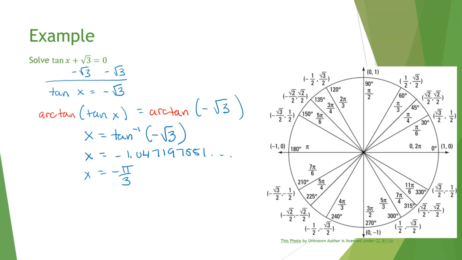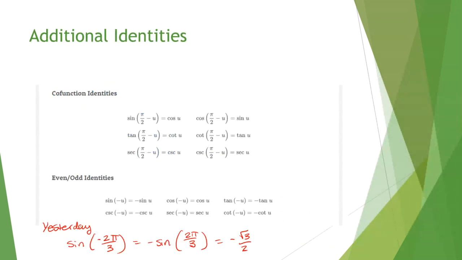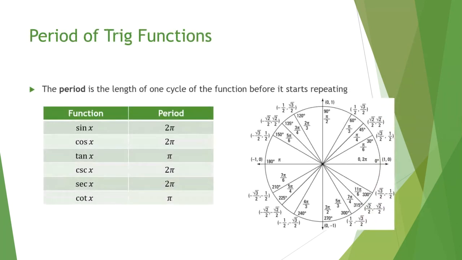But let's think about this. We can use our even odd rules. So I have a negative angle. So you can see that a negative angle for tangent is equal to the negative of the tangent of that value. So just keep that in mind. Let me go through my example here.